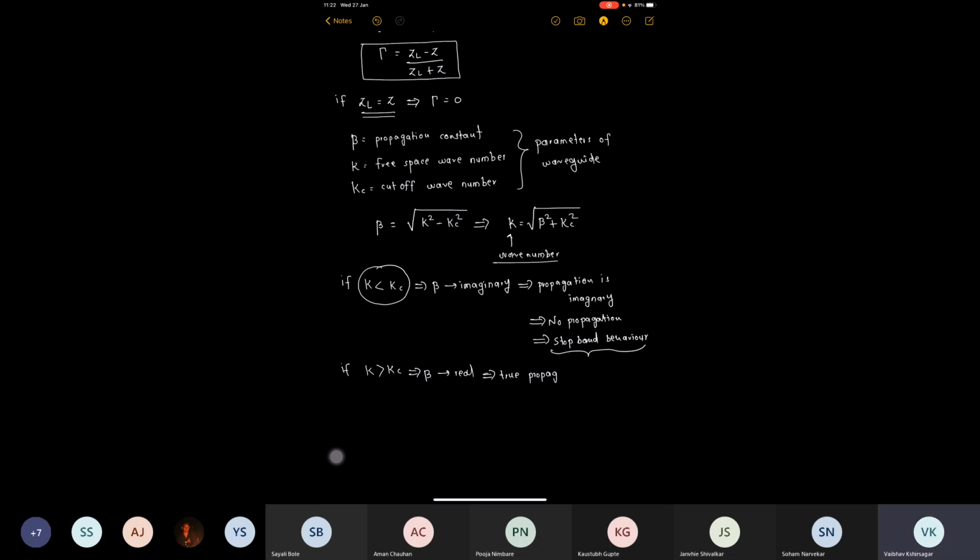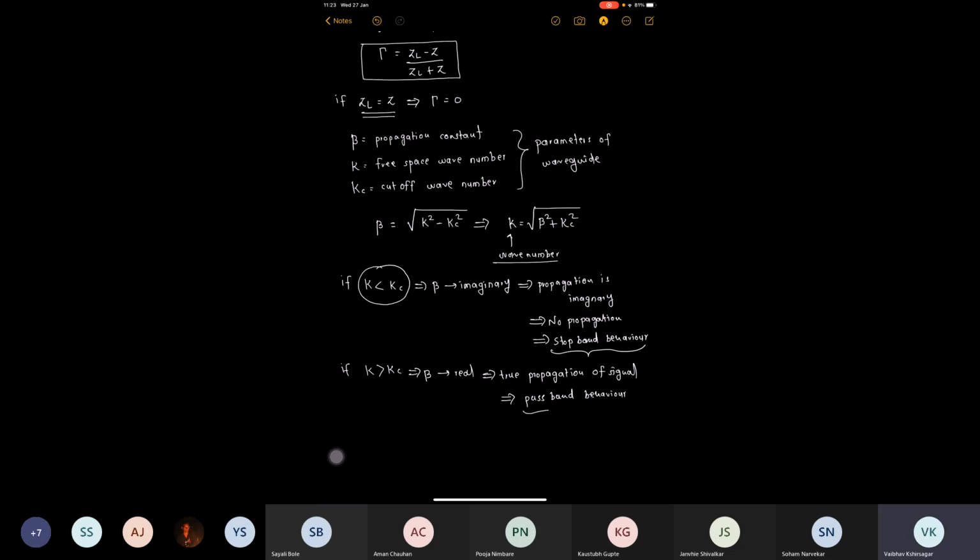True propagation of the signal means the propagation will actually take place, and this in turn will indicate pass band behavior.